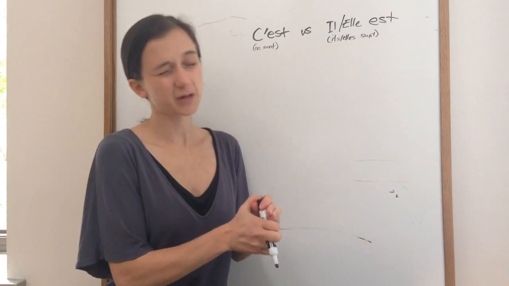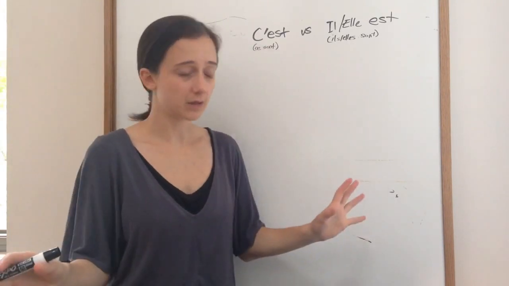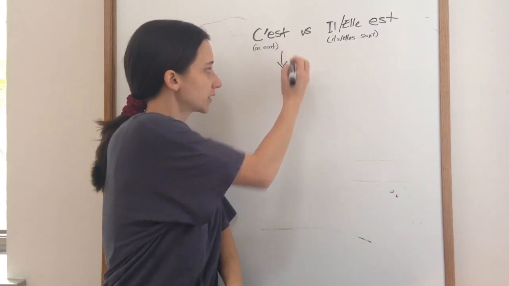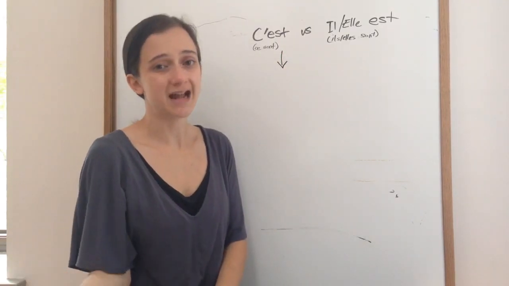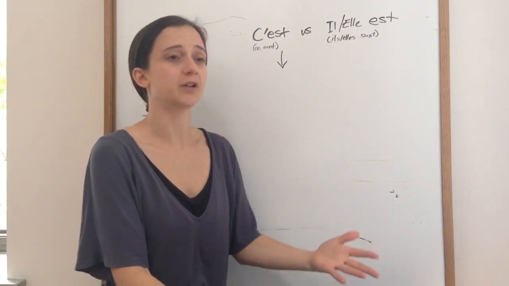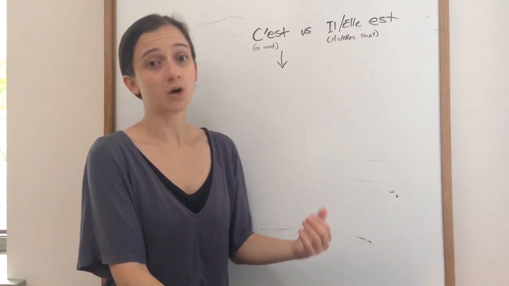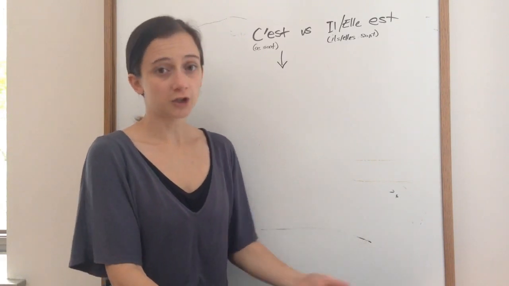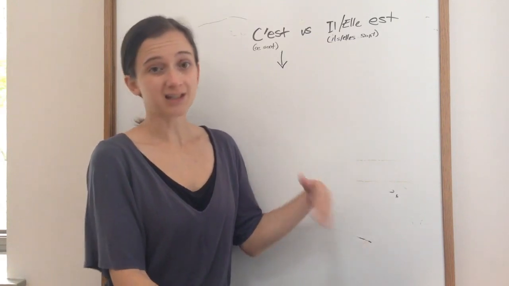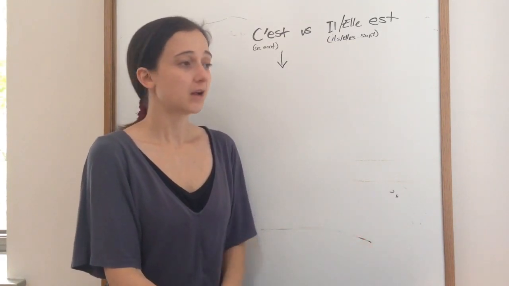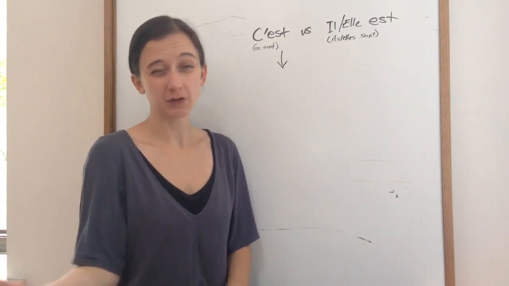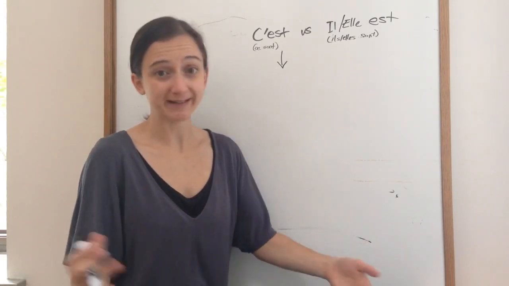So here are two very overarching rules. We're going to use c'est or ce sont for a determined noun, which basically means a noun with a determiner before it. Some examples of determiners are definite articles, le, la, les, or indefinite articles, un, une, des, or possessive determiners like mon, ton, mes.